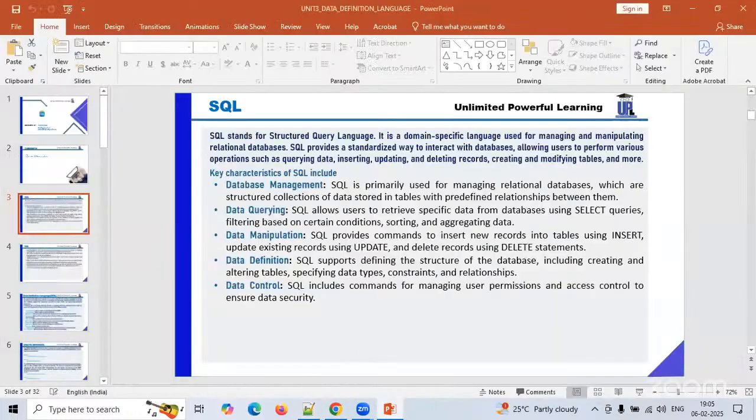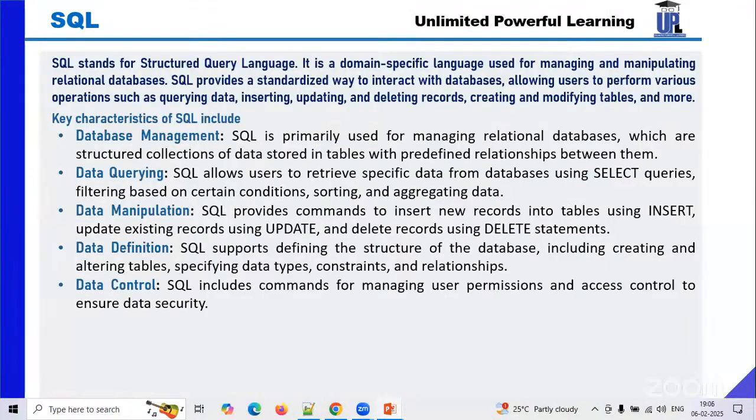So let me start with what SQL is and what the importance of this query language is. SQL is a declarative language. When you talk about C programming, it is not declarative; for everything, you have to write the definition. Whereas SQL is declarative.